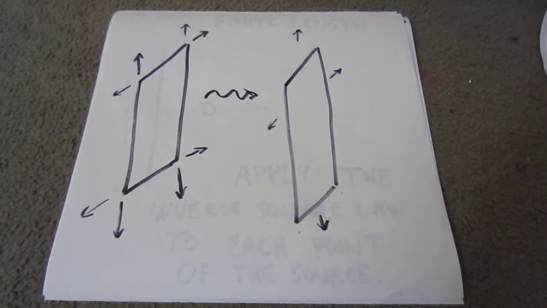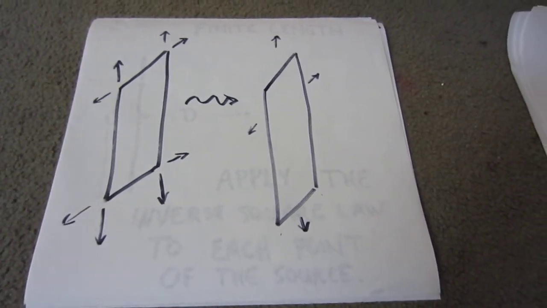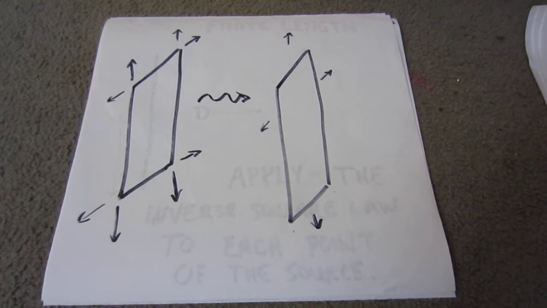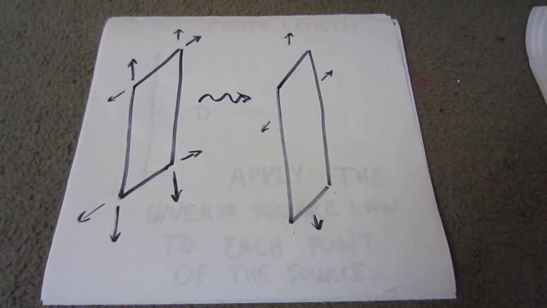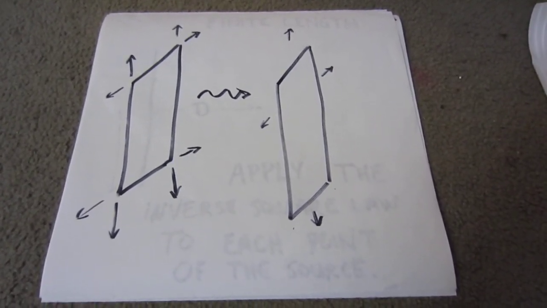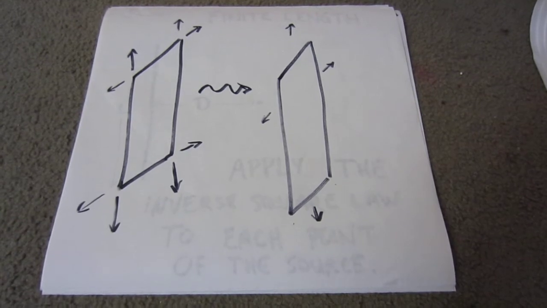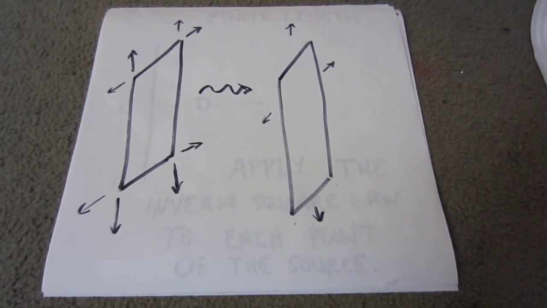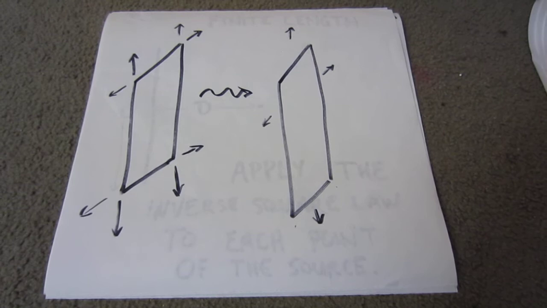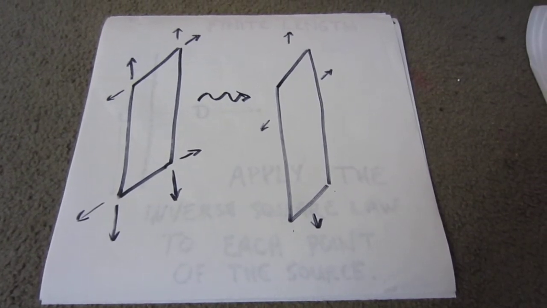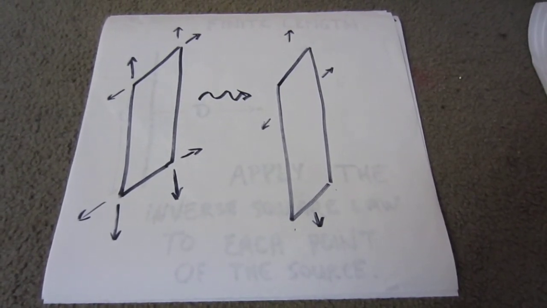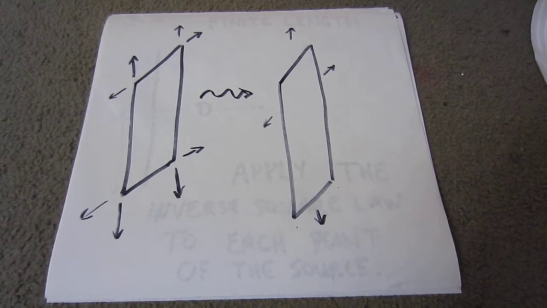Not going to get to details of the constant case, but when it's emitted from all over a plane extending infinitely in all directions, it goes through a plane a ways away, also extending infinitely in all directions.